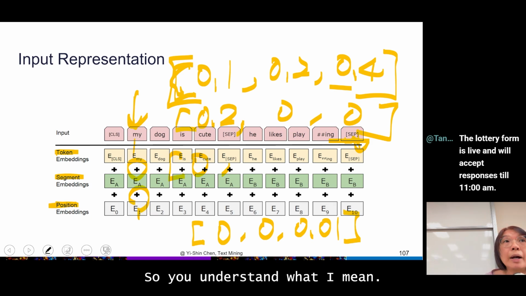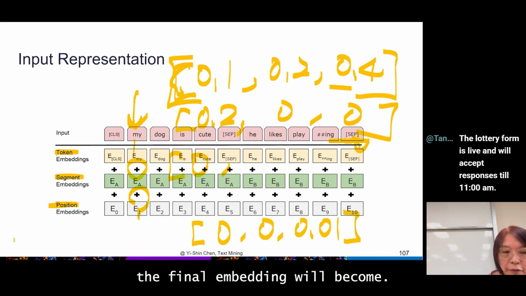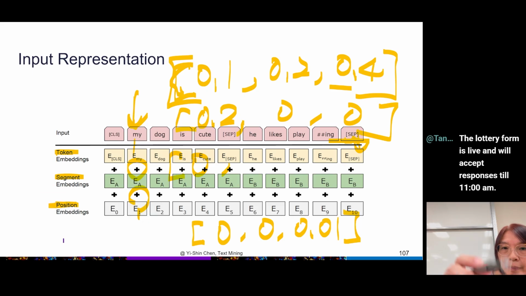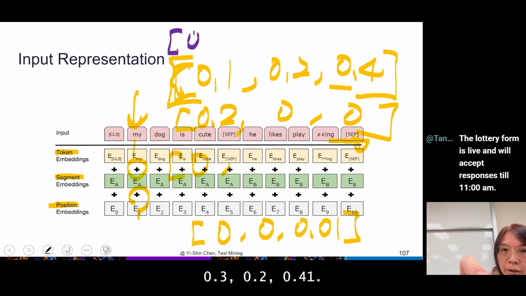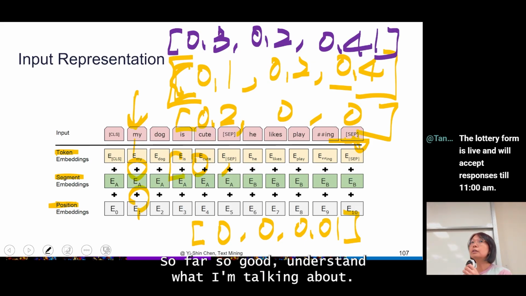So you understand what I meant. When we add them together, the final embedding will become 0.3, 0.2, 0.41. So far so good?